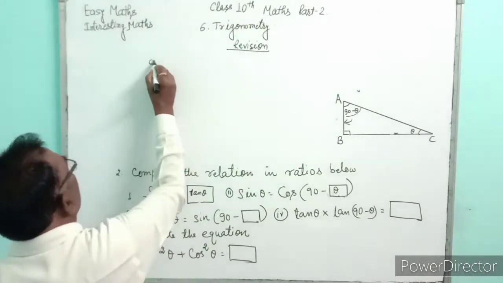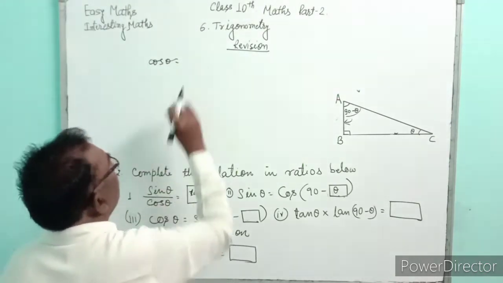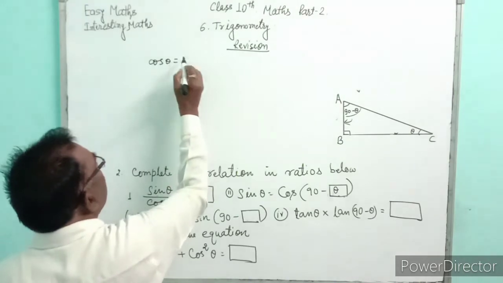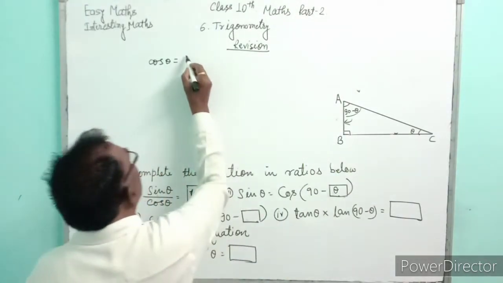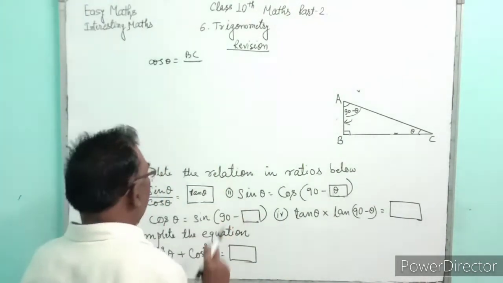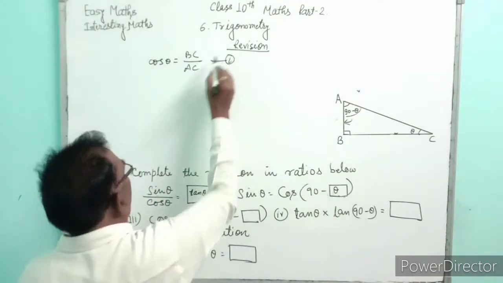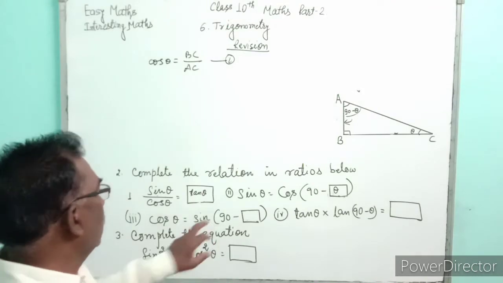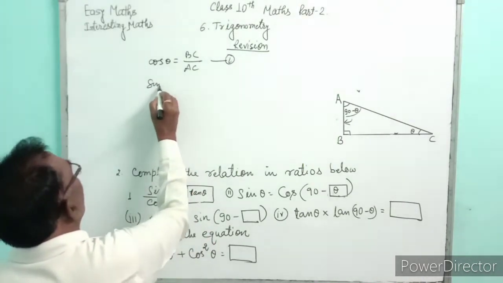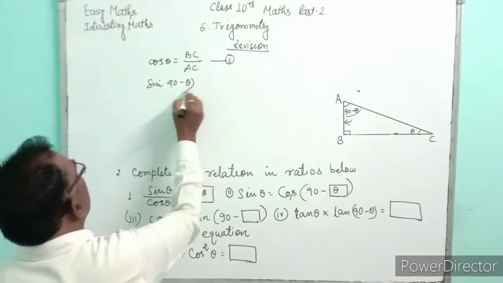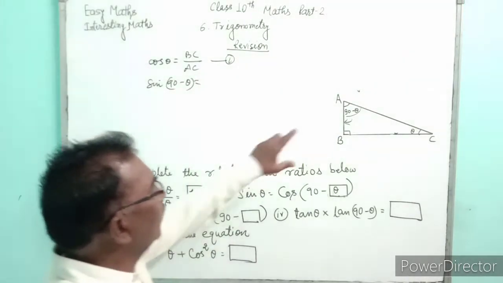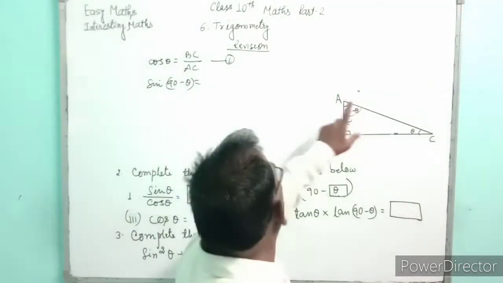Now cos theta is equal to the adjacent side of angle theta, that is BC, divided by the hypotenuse AC. Number 1. Now sin 90 minus theta is equal to, this is the 90 minus theta angle.